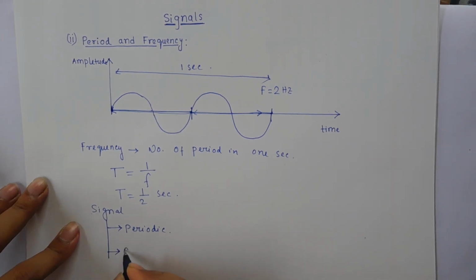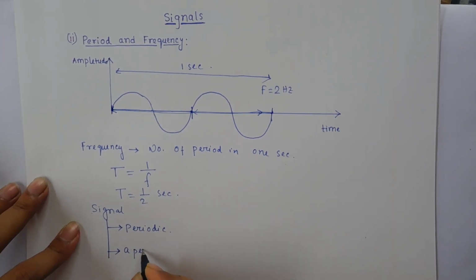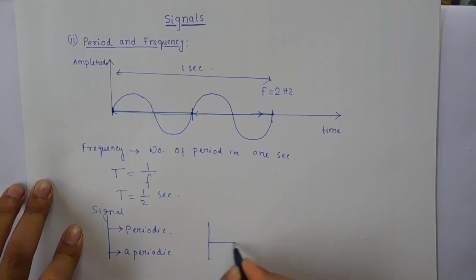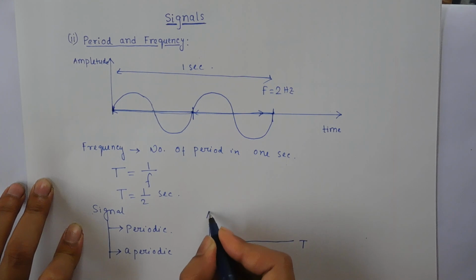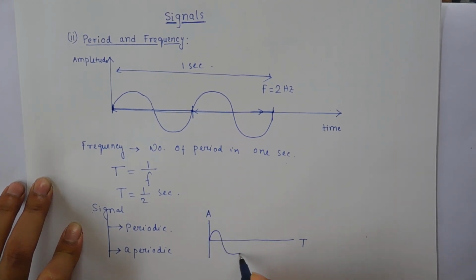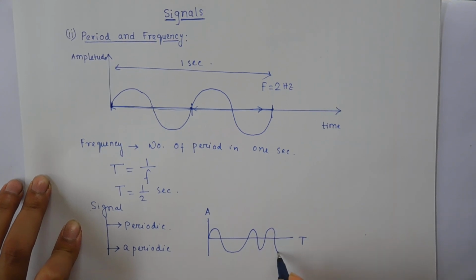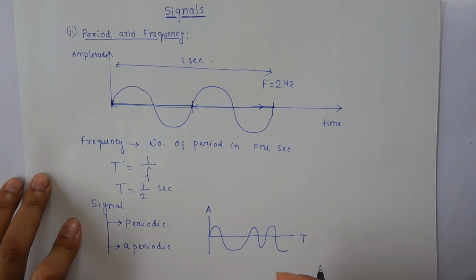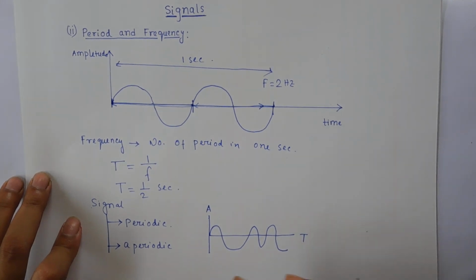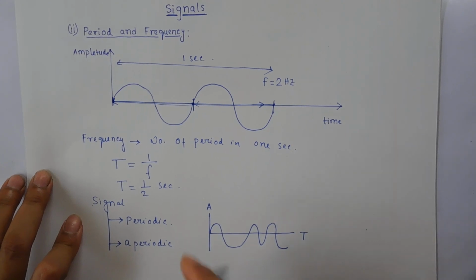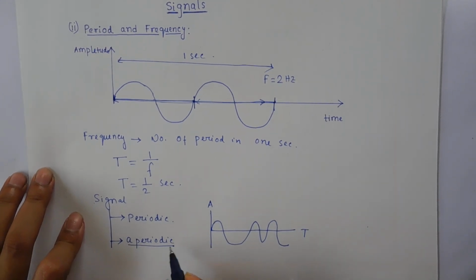And aperiodic, suppose in time amplitude format, this is a signal. You can say it does not follow a pattern. That means a signal that constantly changes without maintaining a pattern is called an aperiodic signal.